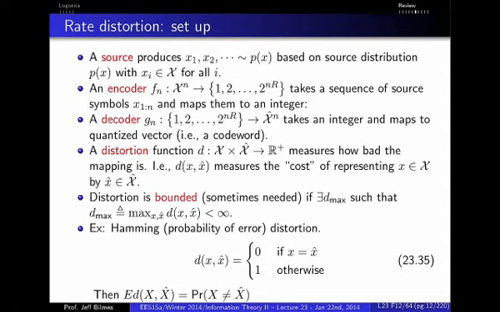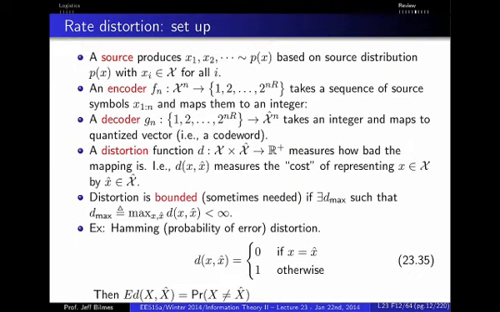Rate distortion setup. This is a slide we'll see a couple of times this lecture. We have a source, which draws source symbols from some alphabet according to a distribution P of x, IID. An encoder function F maps blocks of length n of these source symbols to an integer that ranges between 1 and m, or 1 through 2 to the nr.